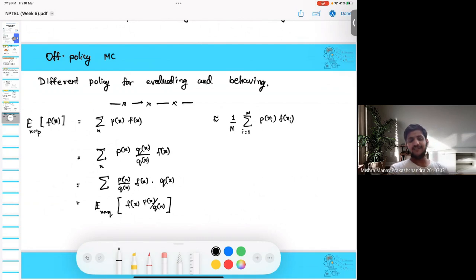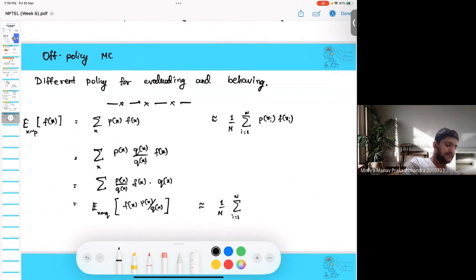So this particular expectation has been converted to an expectation of some other quantity, wherein the x's are sampled from a new probability distribution Q. But these two expectations, the expectation of f(x) and the expectation of f(x) p(x) by q(x), are both equivalent, right? Which we have shown. And if I were to write the approximation part here, it will be f(xi) p(xi) by q(xi).